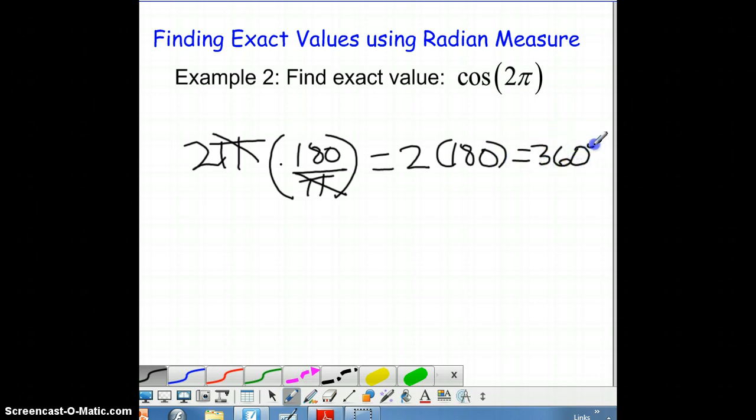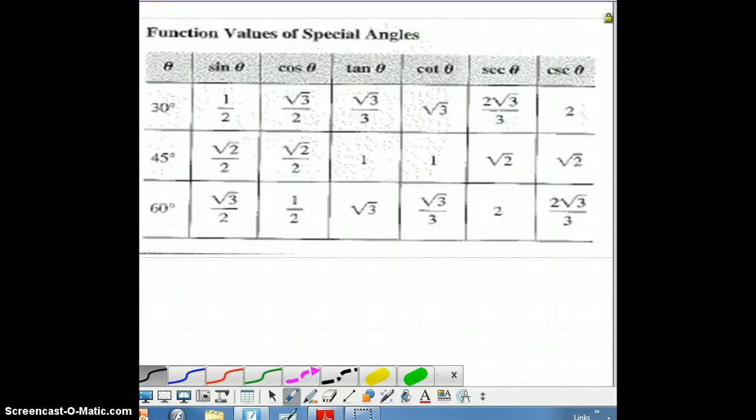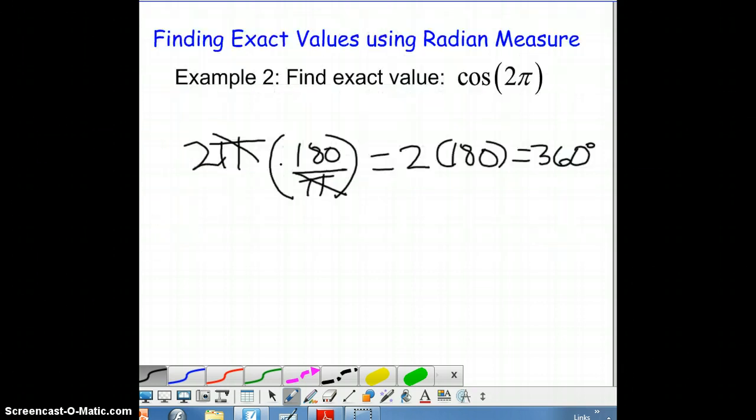So in order to find the cosine of 2 pi, it's the same as the cosine of 360 degrees. If you look at that table of values, you'll notice that we just have values for 30, 45, and 60. So for this problem, we actually can't use the table of values. We have to go back to recall something that you learned earlier.